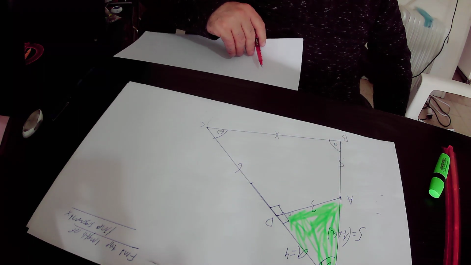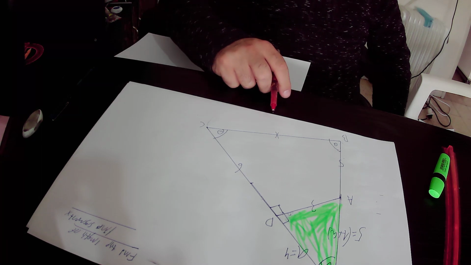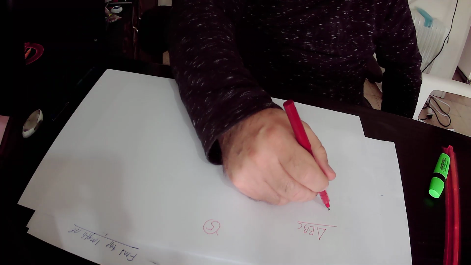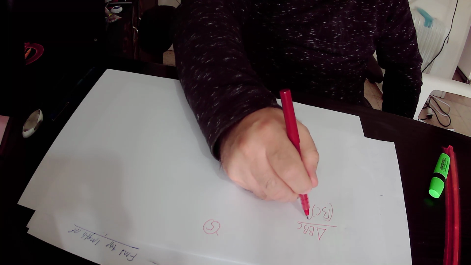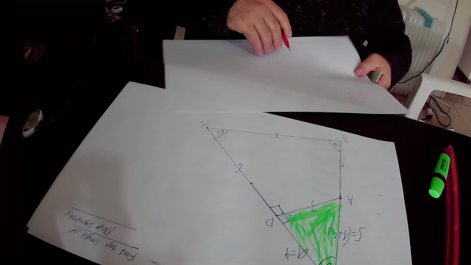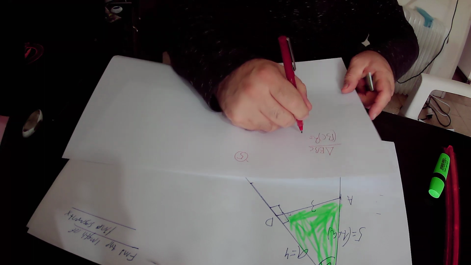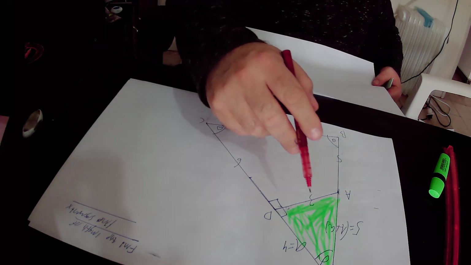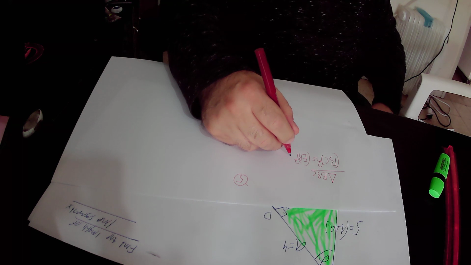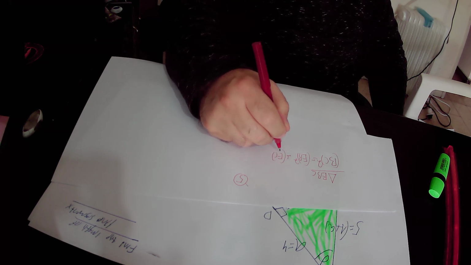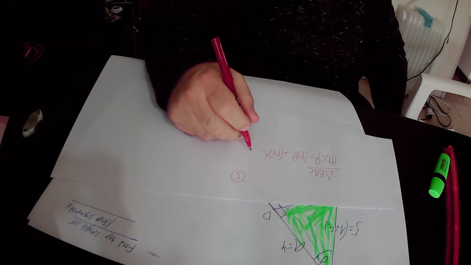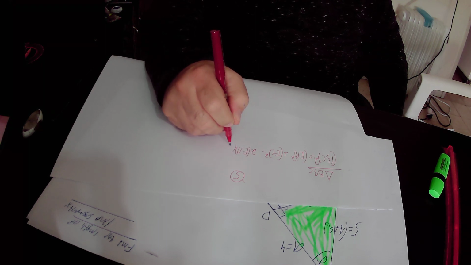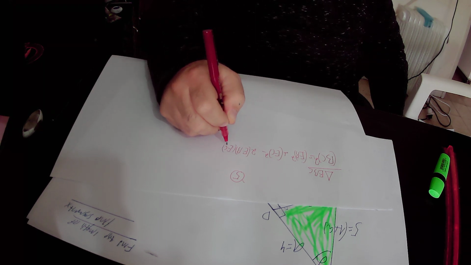So we get that c squared, BC squared, that is actually x, equals a squared, a squared is EB squared, plus b squared, b squared is EC squared, minus 2 times EB times EC times cosine alpha.